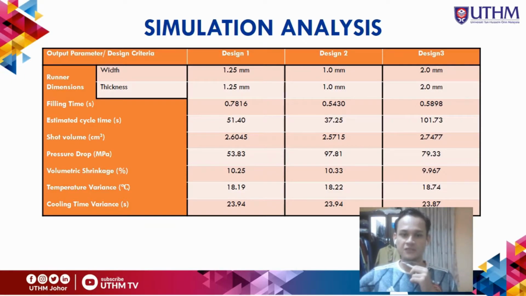dimensions. Next, for injection pressure, design 2 recorded the highest value with 97.807 megapascal, rather than the other two designs with 53.832 megapascal and 79.327 megapascal for design 1 and design 3 respectively.